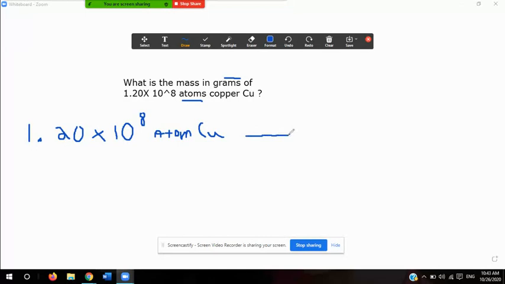And if I'm going from atoms to moles, I have to use Avogadro's number, because we established that 1 mole of any element is going to be approximately 6.022 times 10 to the power of 23 atoms.